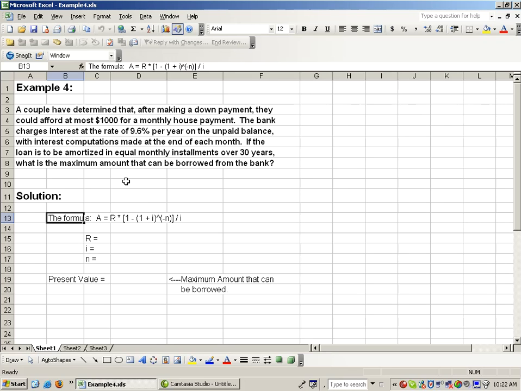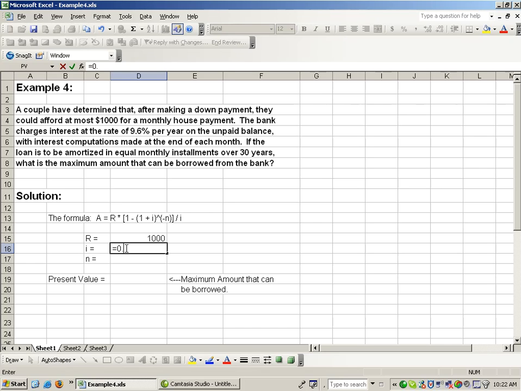All right, this couple knows that they can afford $1,000 for monthly house payment, but they need to know the maximum value that they can borrow from the bank. So we want to find really the present value of an ordinary annuity. Here's this formula. R is $1,000. That's the regular payment they know they can afford.